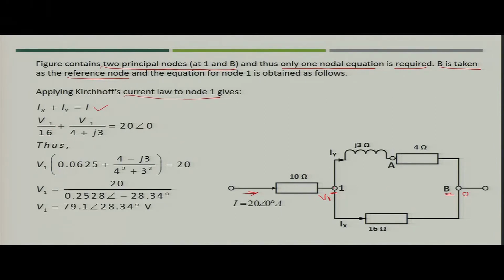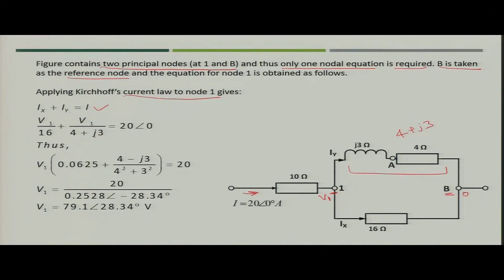Similarly, for Iy, what can you write? You can write V1 divided by the impedance of the complete branch. So, what is the impedance now? This is resistance, so this is 4, this is inductance, so you can simply write J3. So, what would be the current Iy?